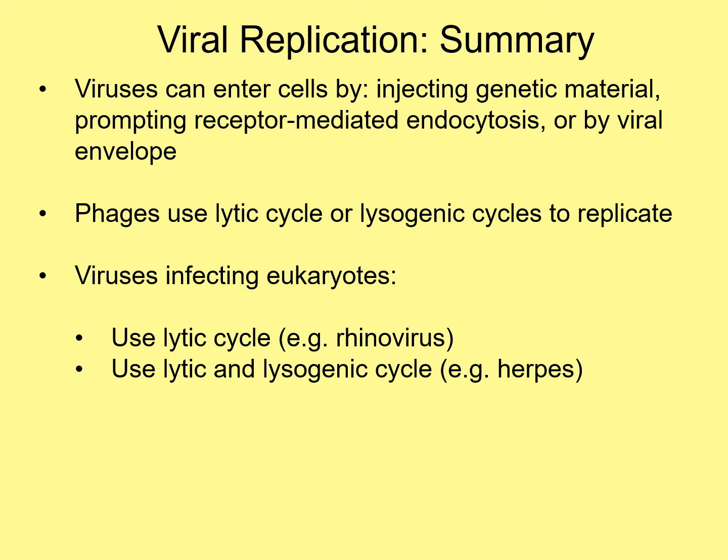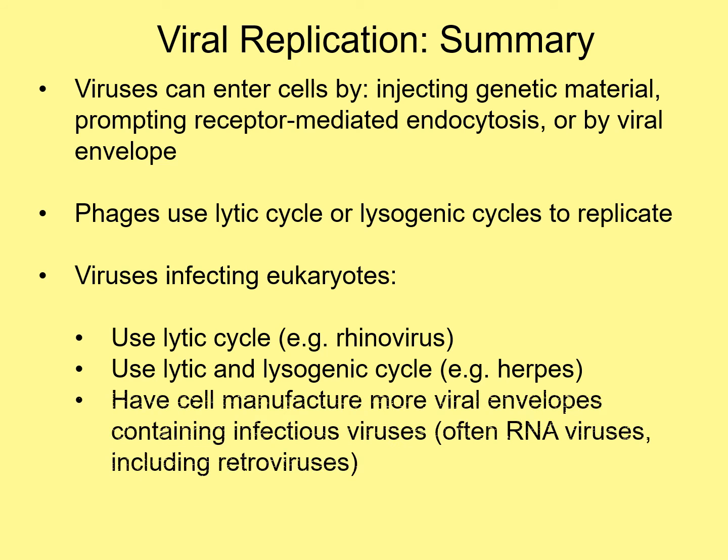And so the symptoms, of course, are your body's responding to cellular damage. They can use the lytic cycle and the lysogenic cycle, so something like the herpes virus that we were talking about earlier, or something like chickenpox.